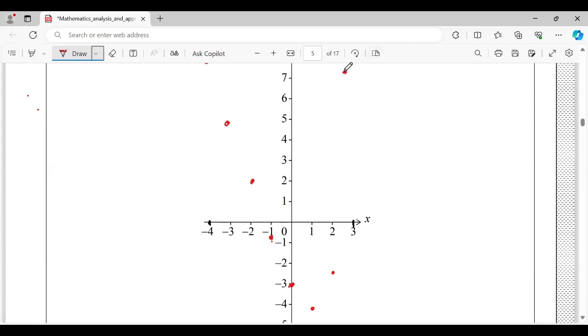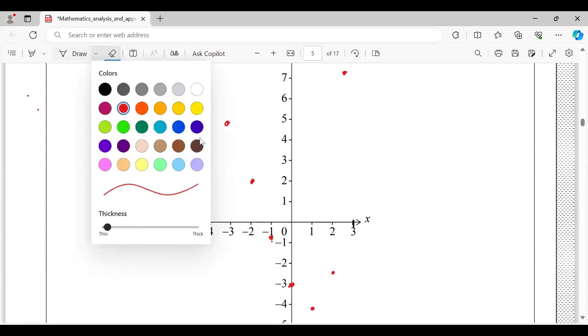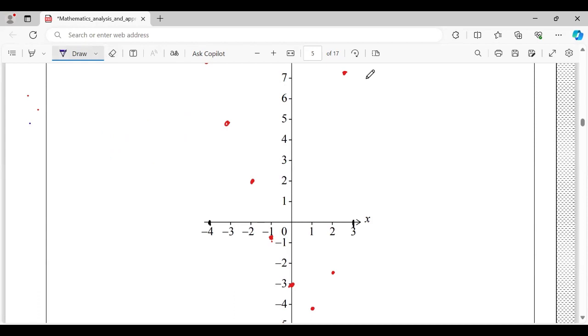Okay, connect all coordinate points, around like this. You will create your own graph according to these coordinate points.